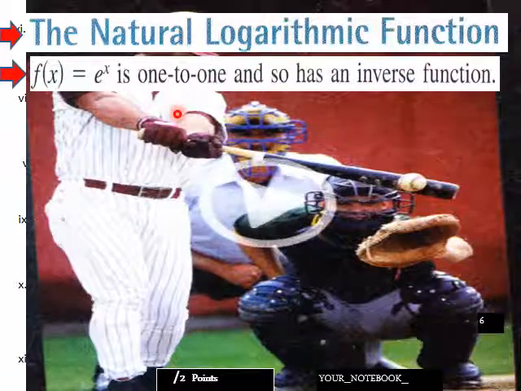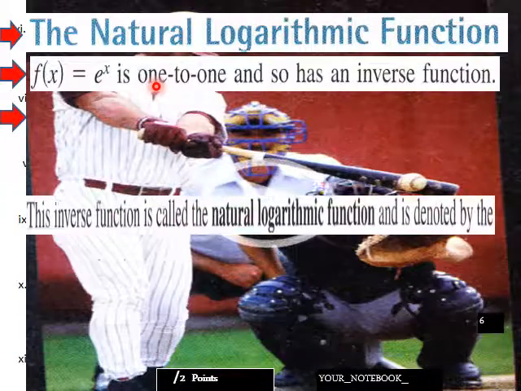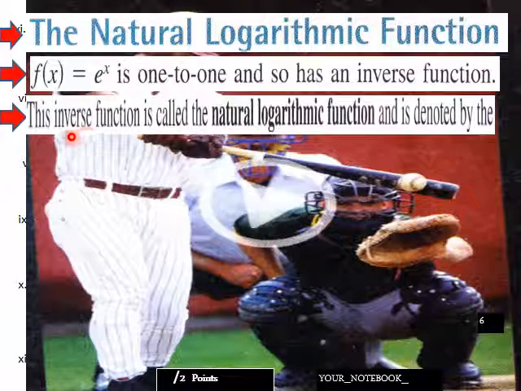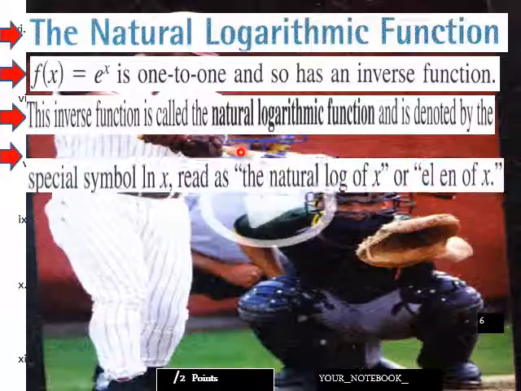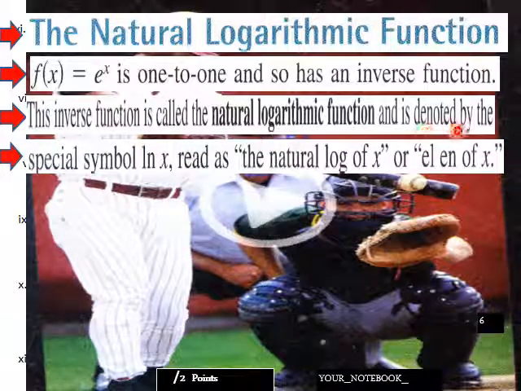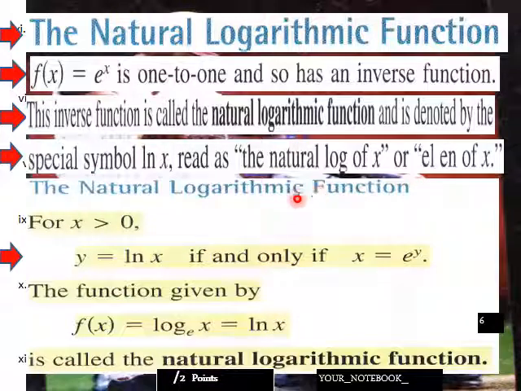The natural exponential function f of x equals e to the x is 1 to 1, so it has an inverse function. The inverse function is called the natural logarithmic function and is denoted by the special symbol natural log x, read as natural log of x, or ln of x.